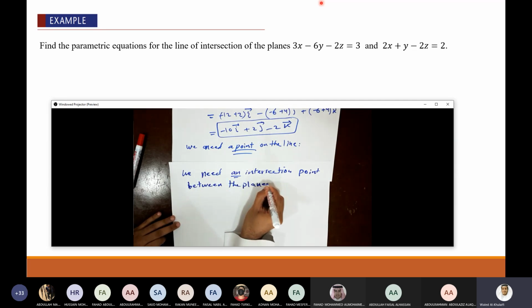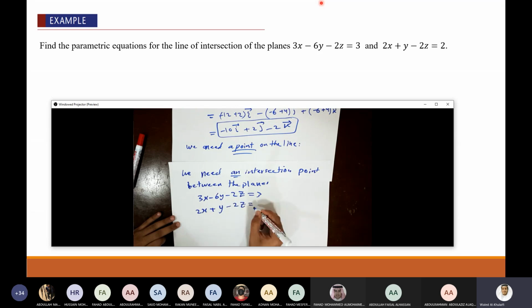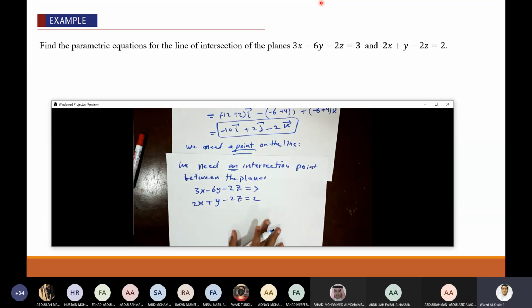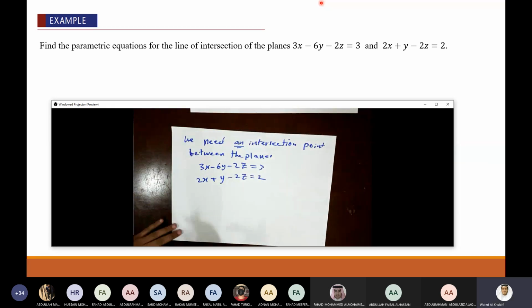To make it easy on ourselves, keep in mind the planes: 3x minus 6y minus 2z equals 3, and 2x plus y minus 2z equals 2. We need a point that satisfies both. There are infinitely many, so we pick one of them.